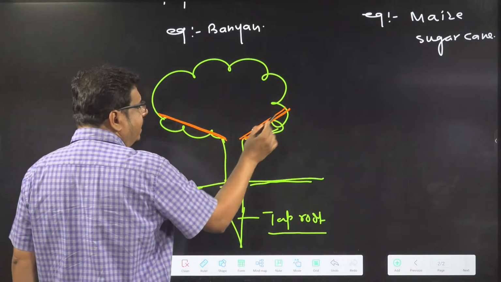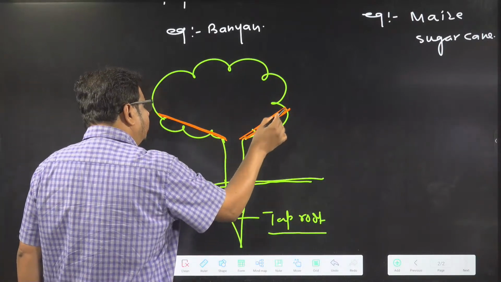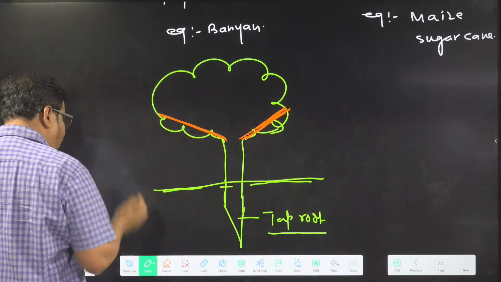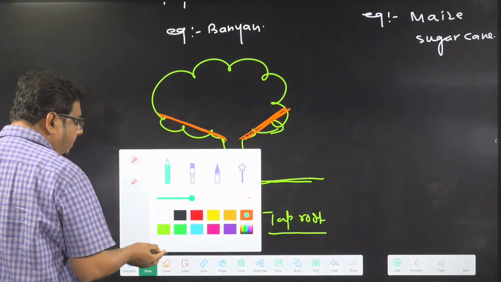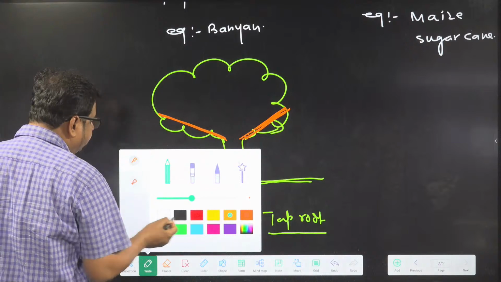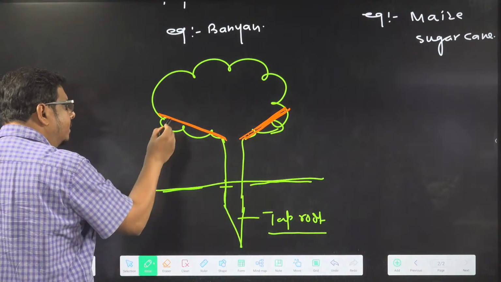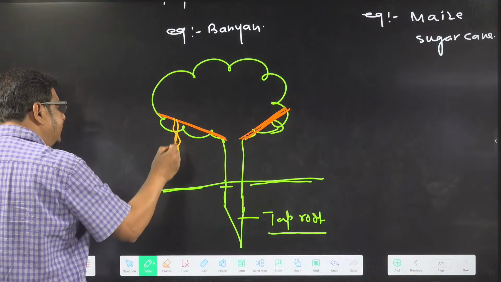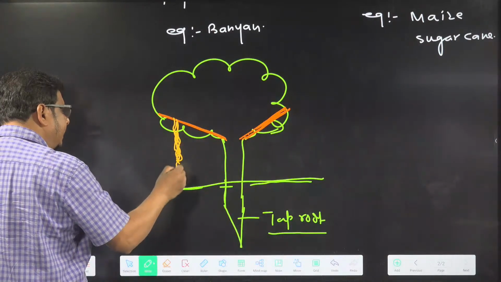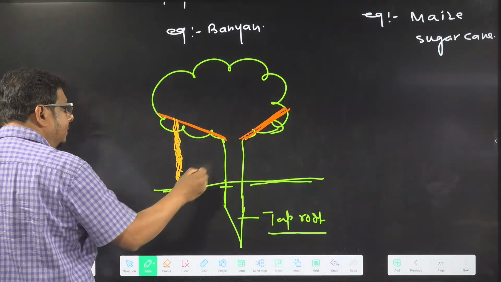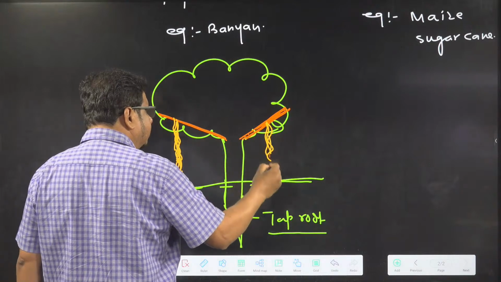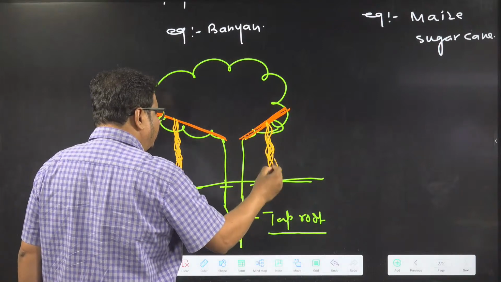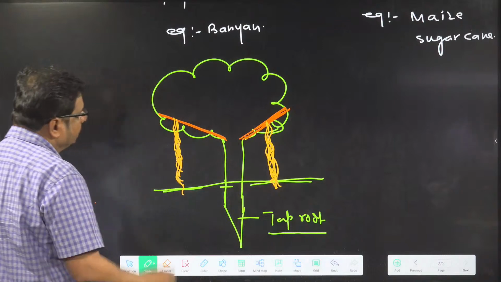So they have a very high burden. The weight of the plant is going to increase a lot due to bigger branches and so many leaves. So what happens? From the branches, roots are arising like this, and they are going to penetrate the soil.